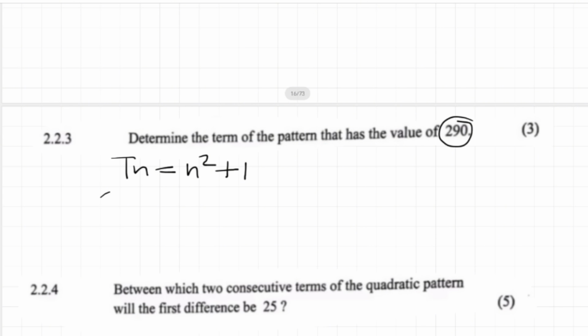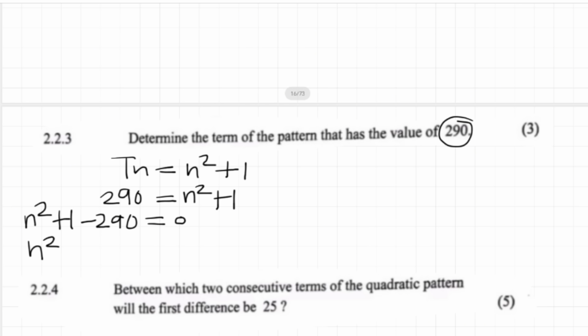So I'm going to just substitute 290 over here, which is going to be equal to n squared plus 1. And I'm going to take it to the other side. So I'm going to have n squared plus 1 minus 290, which is going to be equal to 0. And n squared, 1 minus 290, is going to give us minus 289, which is equal to 0.